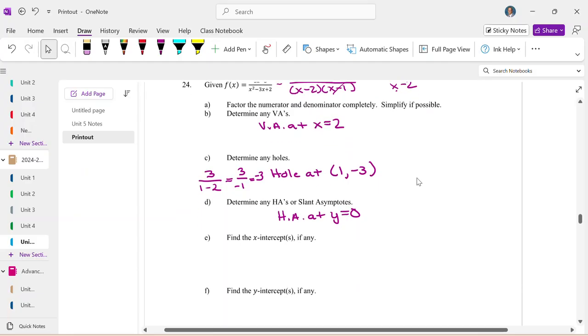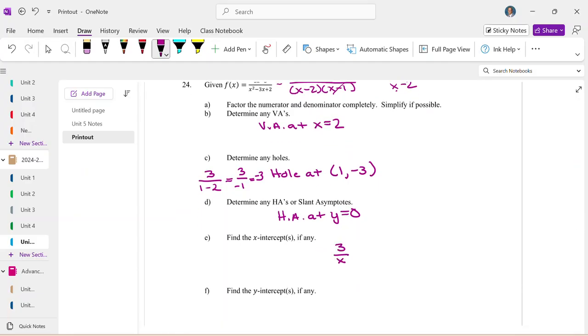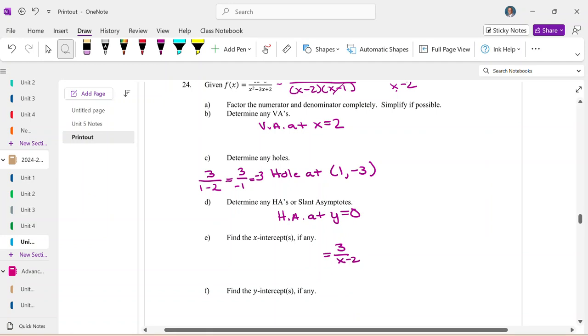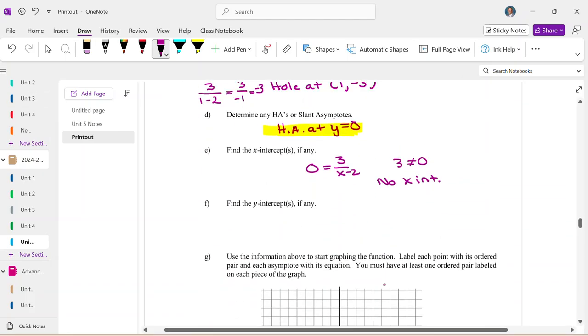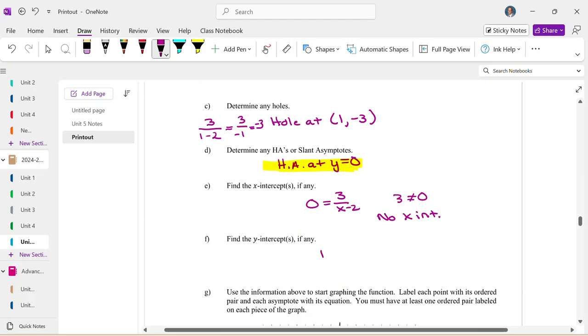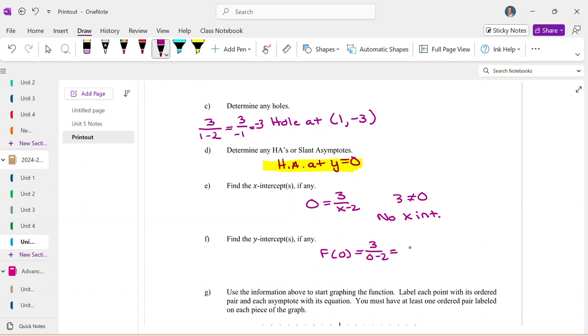Because if you look at 3 over x minus 2, if you set that equal to 0, 3 does not equal 0, right? So there's no x-intercept, meaning it doesn't touch the x-axis, and that is true because the horizontal asymptote is the x-axis. The y-intercept, on the other hand, if we go f of 0, well, 3 over 0 minus 2, so it gives you negative 3 halves.